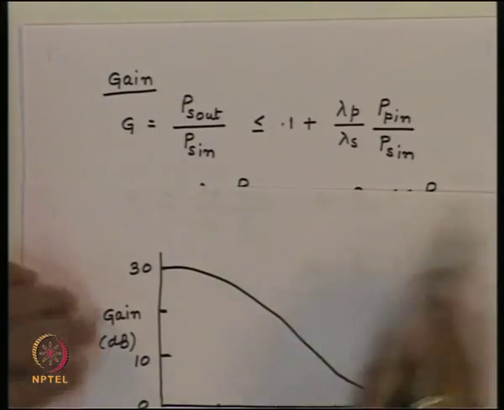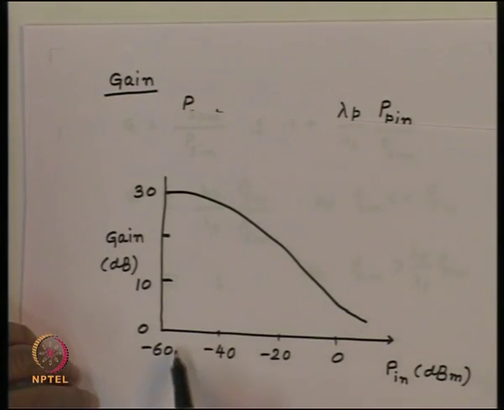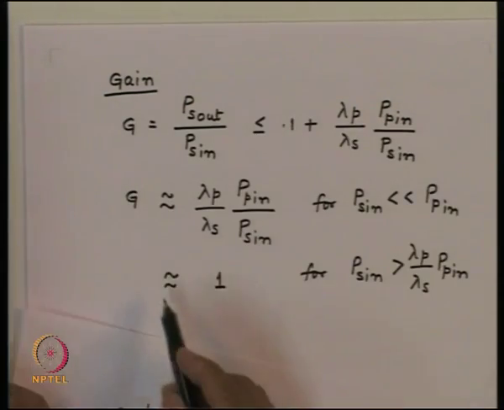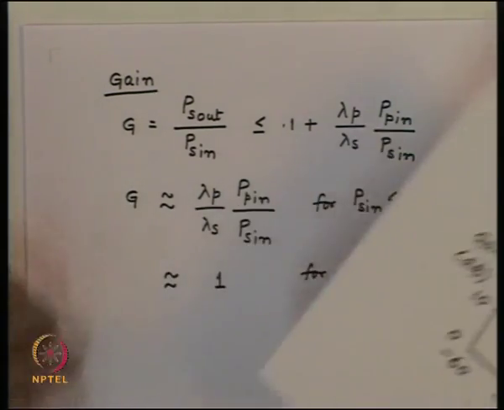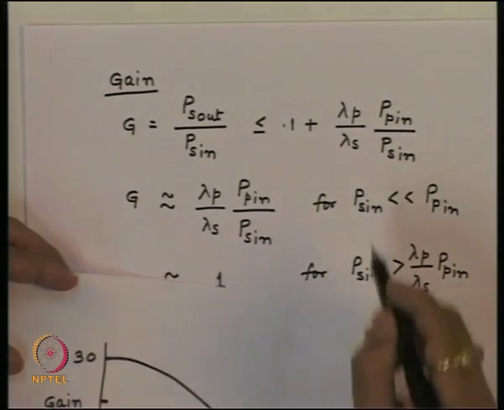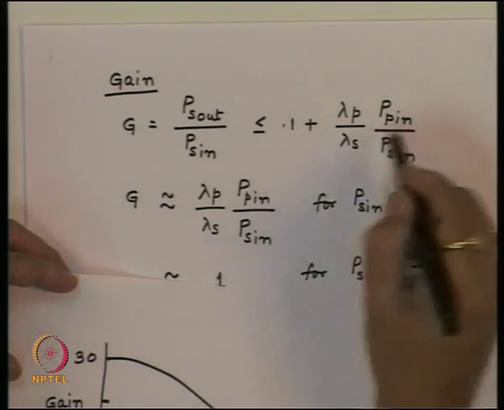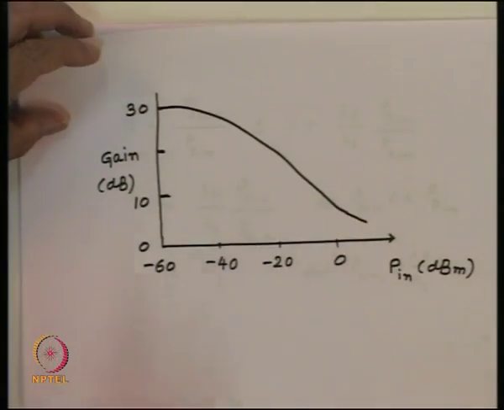So this is the quantity which corresponds to this number here. Whereas when the signal power becomes large, you get the gain which is almost equal to 1. So this function essentially tells us that as the signal power increases, for a given pump power, we have a reduction in the gain, and that's what this curve is telling you.